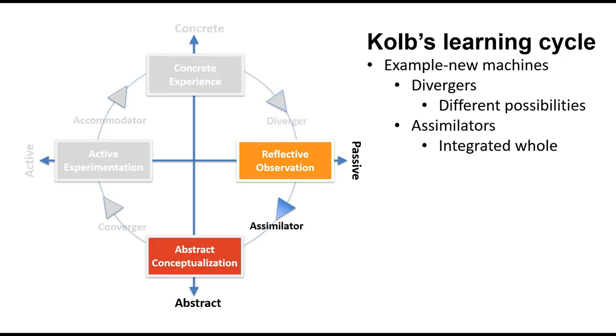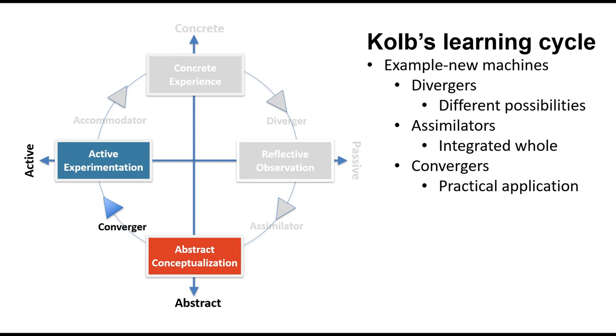You then find Assimilators in your organisation. They bring your process from reflective observation to abstract conceptualisation. They have a talent for pulling in a number of different observations and thoughts about the production line and machines into an integrated whole.